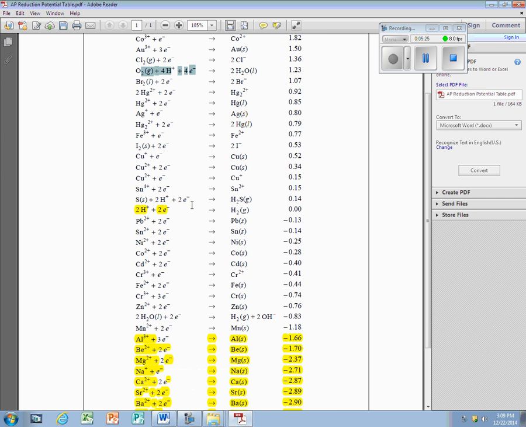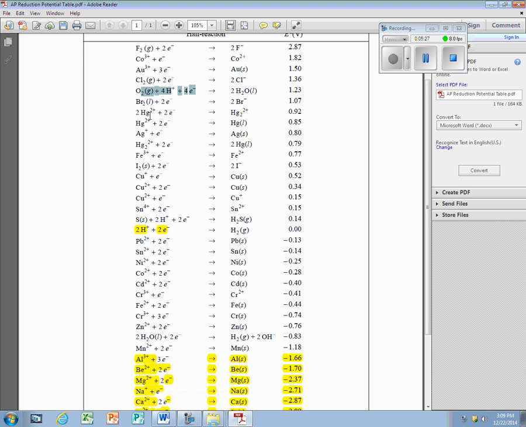Now, let's say we place the oxygen and the H plus that were in our gel in the presence of cadmium metal. The cadmium metal can lose 2 electrons to the oxygen and the H plus ions and become cadmium plus 2. But oxygen and the H plus are looking to gain 4.